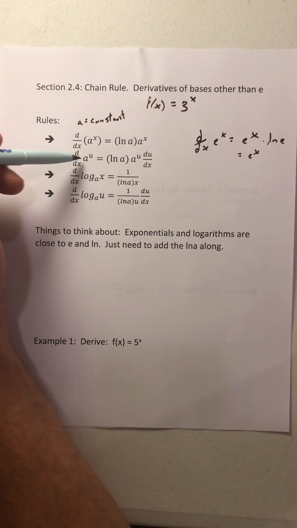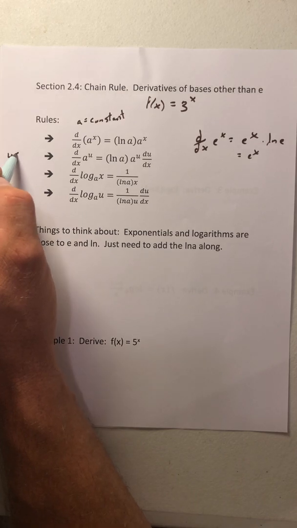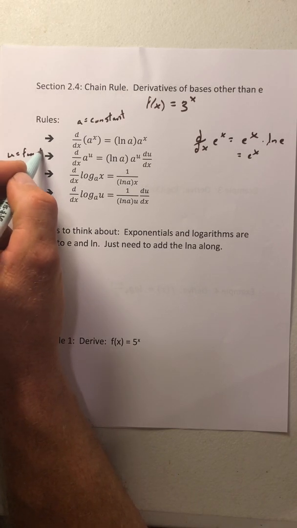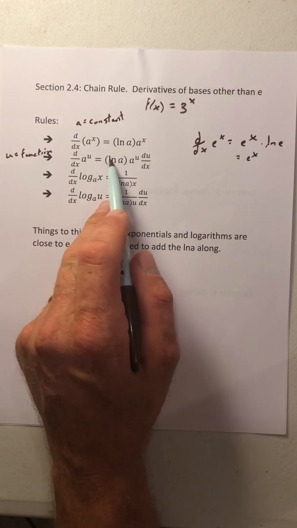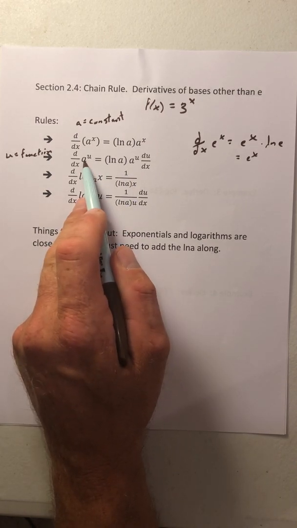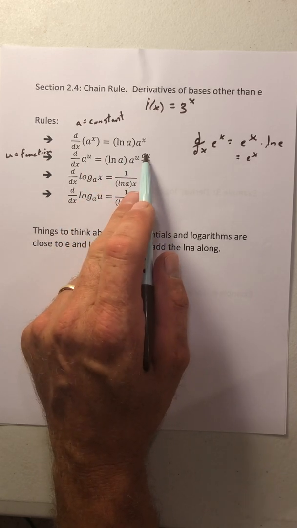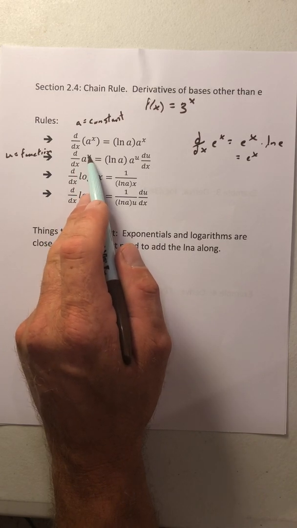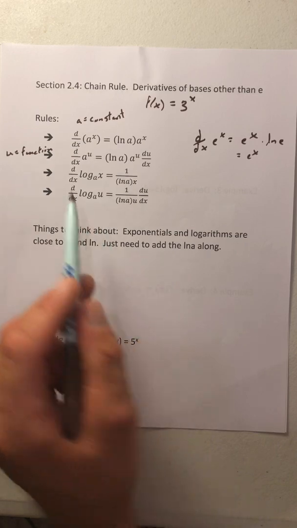Same thing if here we take the derivative with respect to x of a to the u. Again, here maybe u is going to be a function, so just not a single variable. So in that case, we're taking the natural log of that constant again, a to the u, so the function stays the same, and then the derivative of the exponent is going to come down and multiply to it.